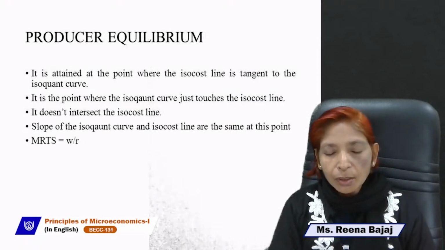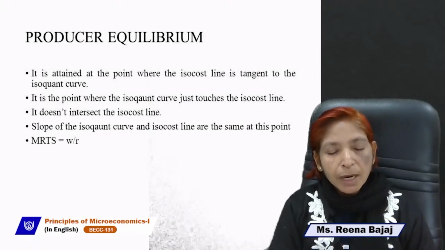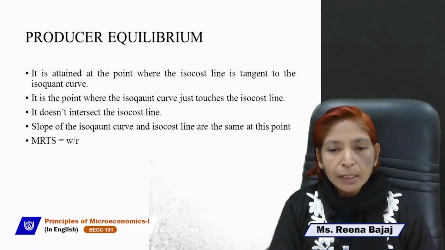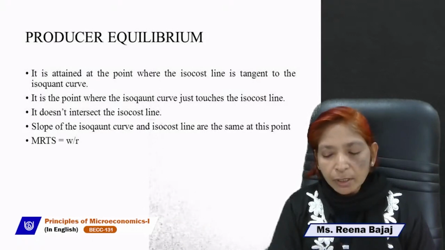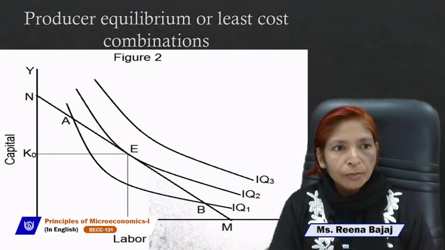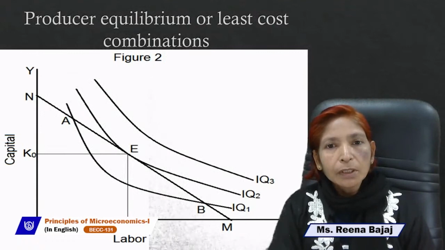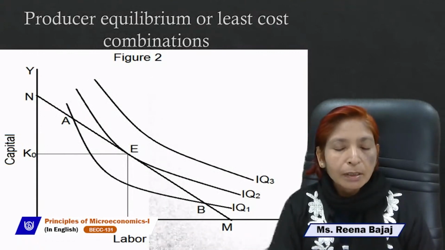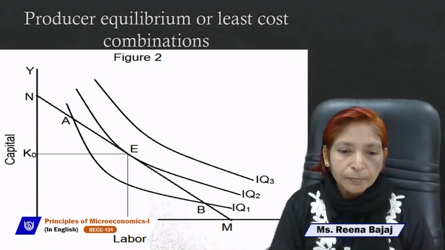If the isoquant is concave, it means the marginal rate of technical substitution is increasing, and this is not the condition of producer equilibrium. So, in case of a concave isoquant curve, producer equilibrium will not be determined. We can show producer equilibrium or least cost combinations with the help of this diagram.